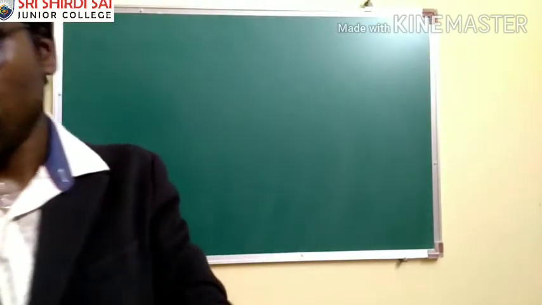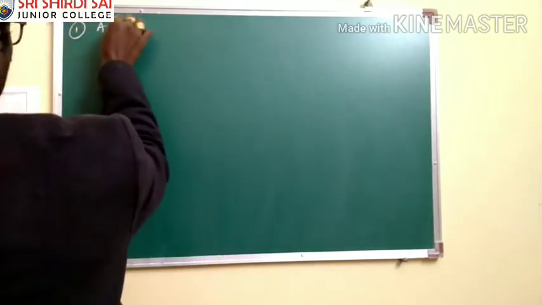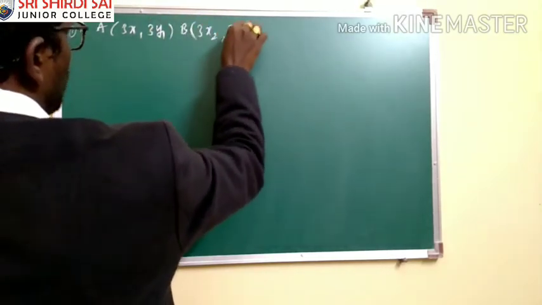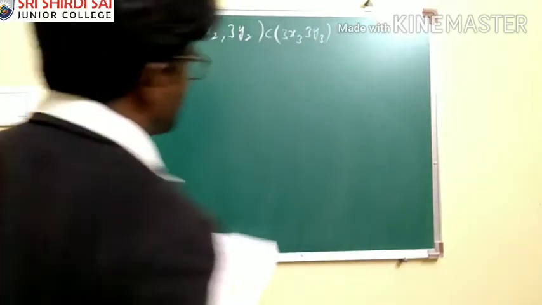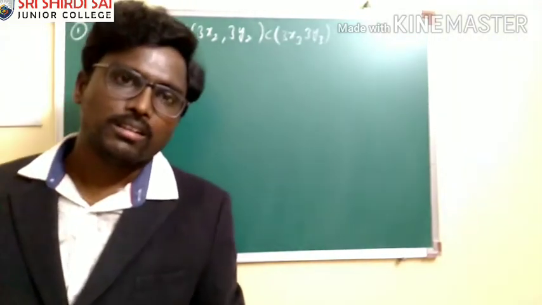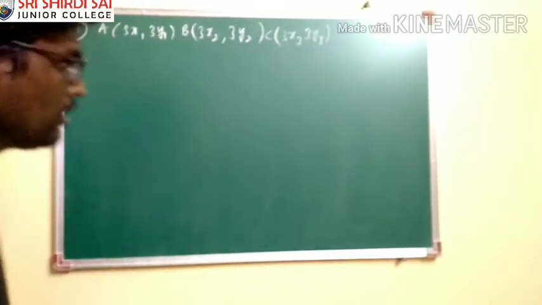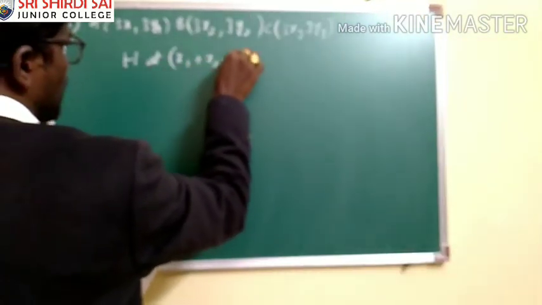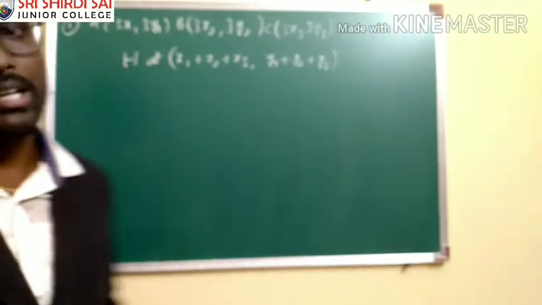Let us see the first problem here. A(3x1, 3y1), B(3x2, 3y2) and C(3x3, 3y3) are the vertices of a triangle with orthocenter H at (x1 plus x2 plus x3, y1 plus y2 plus y3).